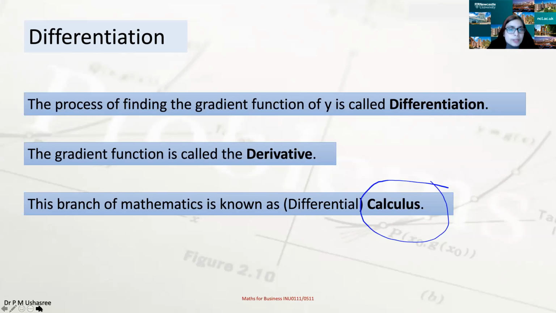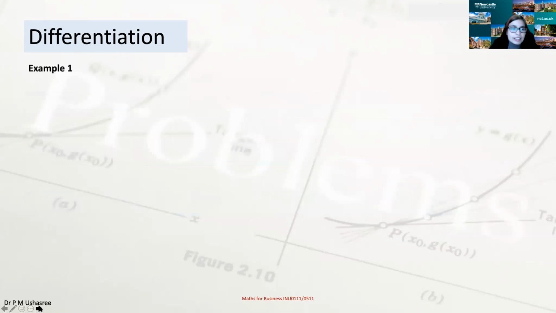So for differentiation, we're going to go through four different forms of problems. I'm going to give you some tips on how to solve differentiation problems, because you can see these problems in different ways, but there is an easiest way to solve them.